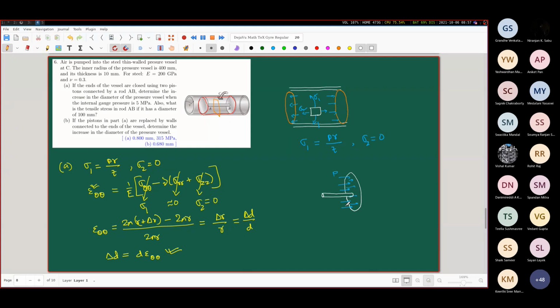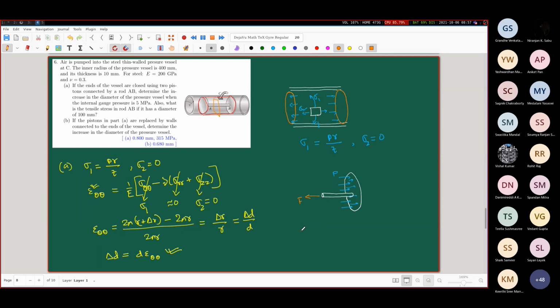If it has a diameter of 100 millimeters, good. Now you tell me what should be the force present on this thing? P times the area of the circular disc. Be very careful. What is the actual area the fluid is acting on? Total area minus the area of that rod.